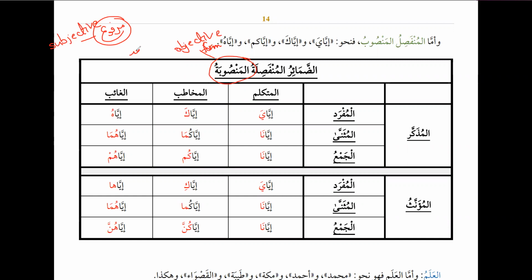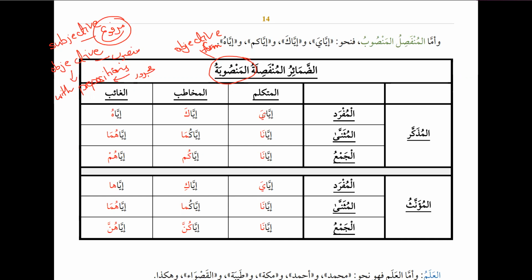When I say mansoob, that means objective. Note this down, because that is a term that we have been using very often. And majroor is also like objective, but for now, just say it's used with a preposition. So mansoob, ya shabab, objective forms.